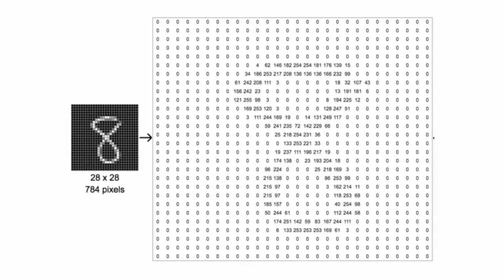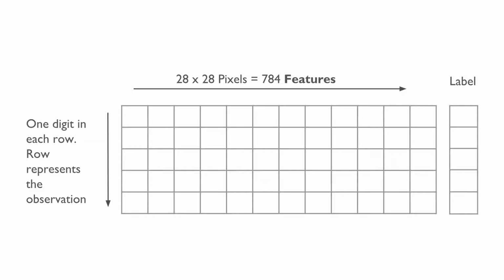So each row will have 784 columns and hence 784 features. The MNIST dataset can be presented in tabular form where each row represents one hand-drawn digit and the value of each pixel in the drawing is a feature. We will train our model using this dataset, and then our model will be able to predict the label for unknown instances.